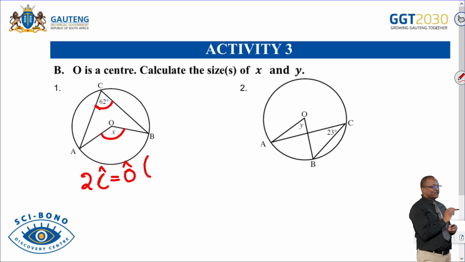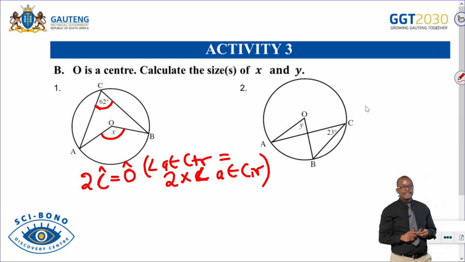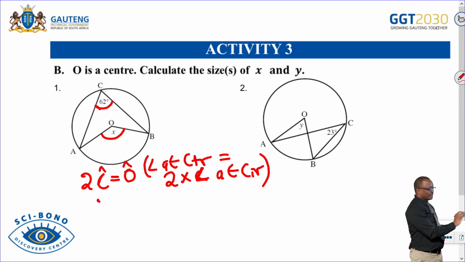Then now, the reason, remember, is going to be angle at center is equal to 2 times the angle at the circumference. Correct? Then now we know what is the angle at the circumference. The angle at the circumference is what? 62.